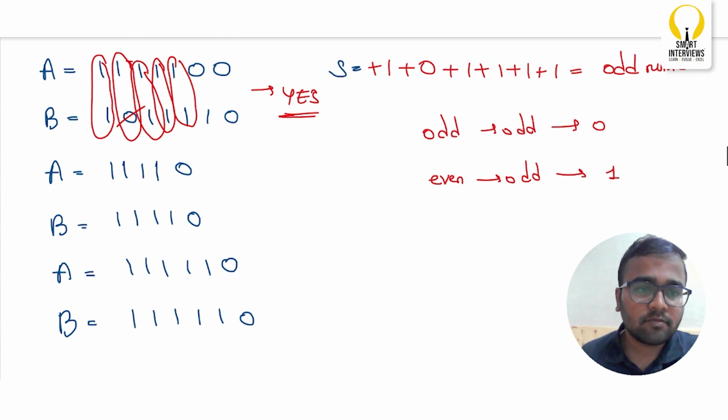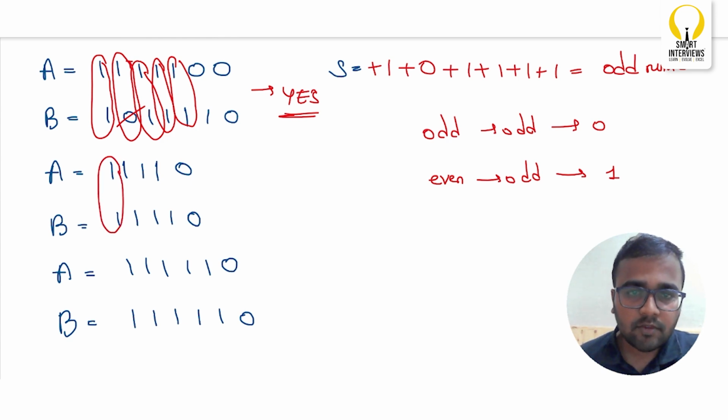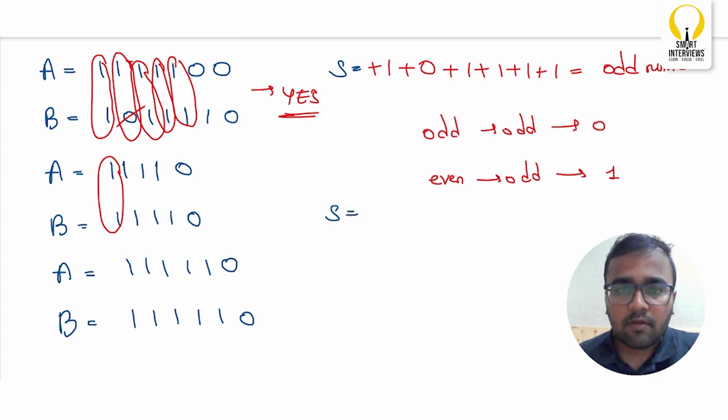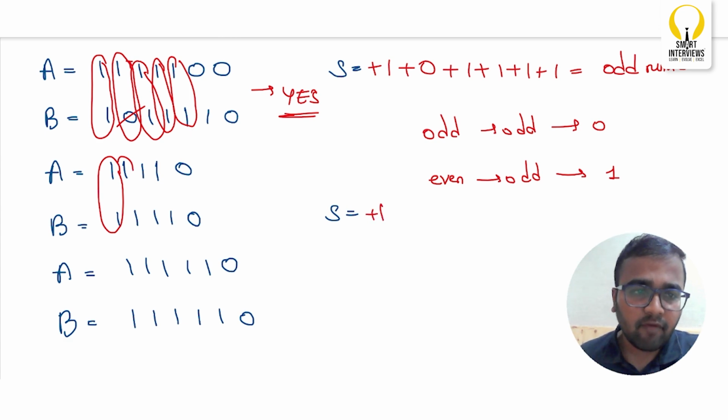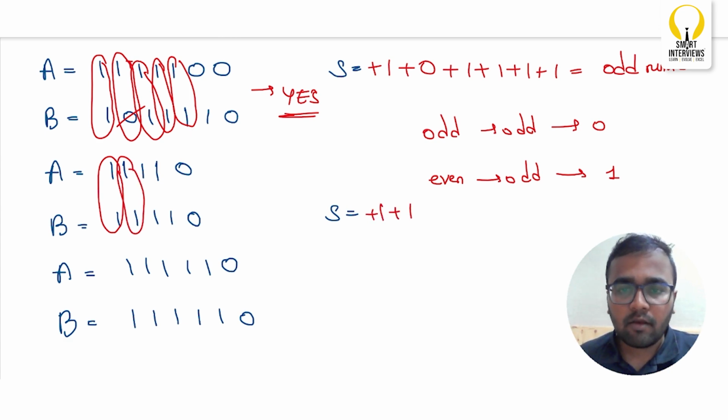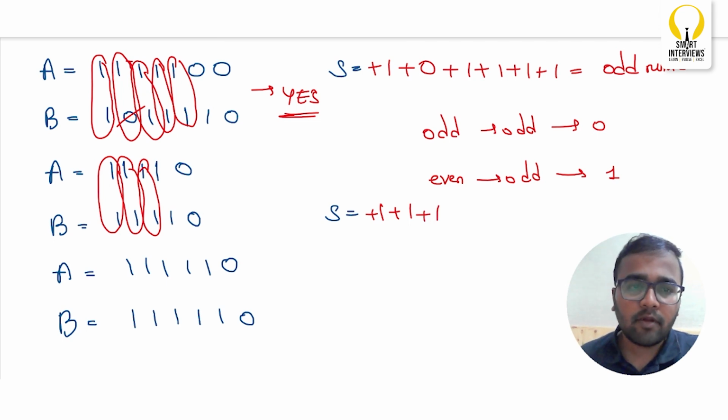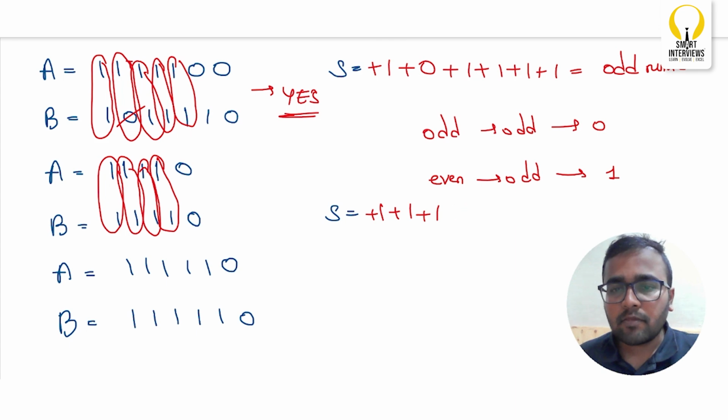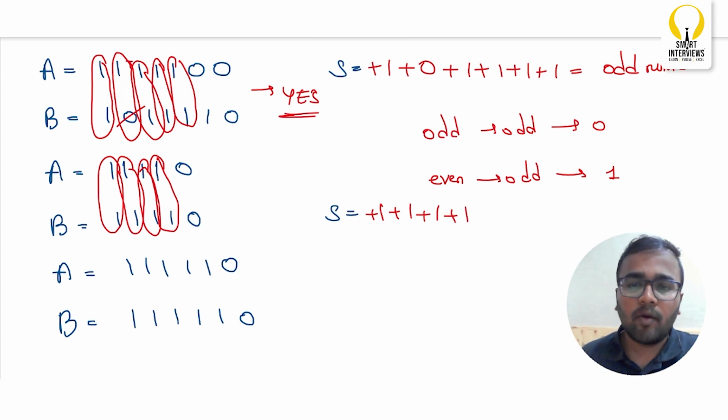Let us understand the second case. You have 1 and 1, so your score will be incremented by 1. Again 1 and 1, score incremented by 1. 1 and 1, incremented by 1. 1 and 1, incremented by 1. So we incremented because there is no option. Blindly we should take 1 from this.